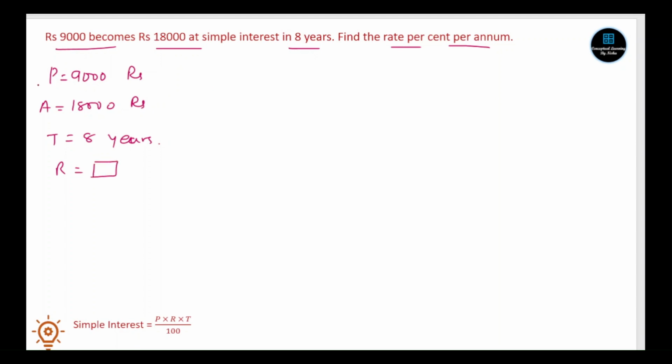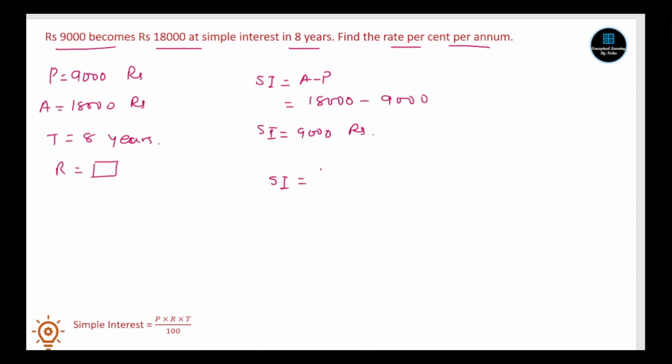Now from the amount and principal, can we find simple interest? Yes. So simple interest is equal to A minus P, and on solving that, 18,000 minus 9,000, you'll get SI is equal to 9,000. Now substitute in the formula.